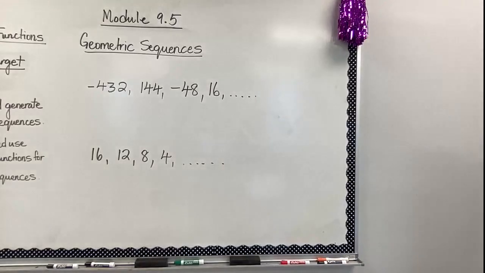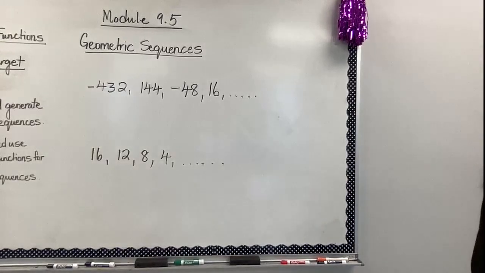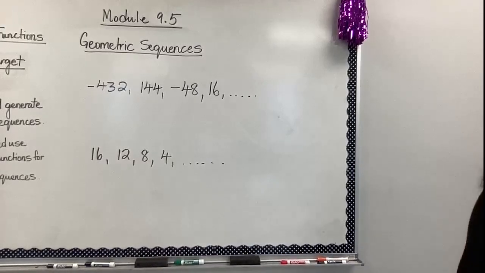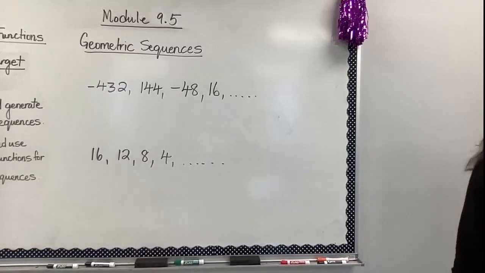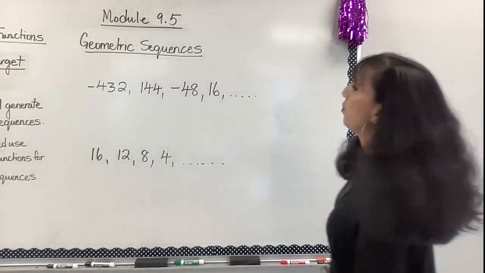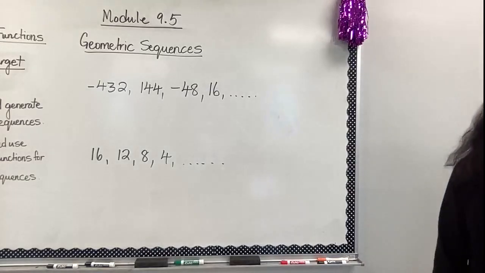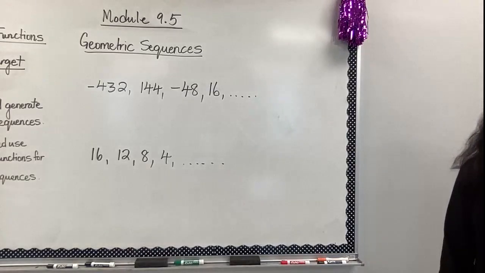To find the common ratio, divide each term by the previous term, and then write the ratio in the simplest form. Let's look at the first one. I'm determining whether the sequence negative 432, 144, negative 48, and 16 is geometric, and we are going to see and explain if it is.